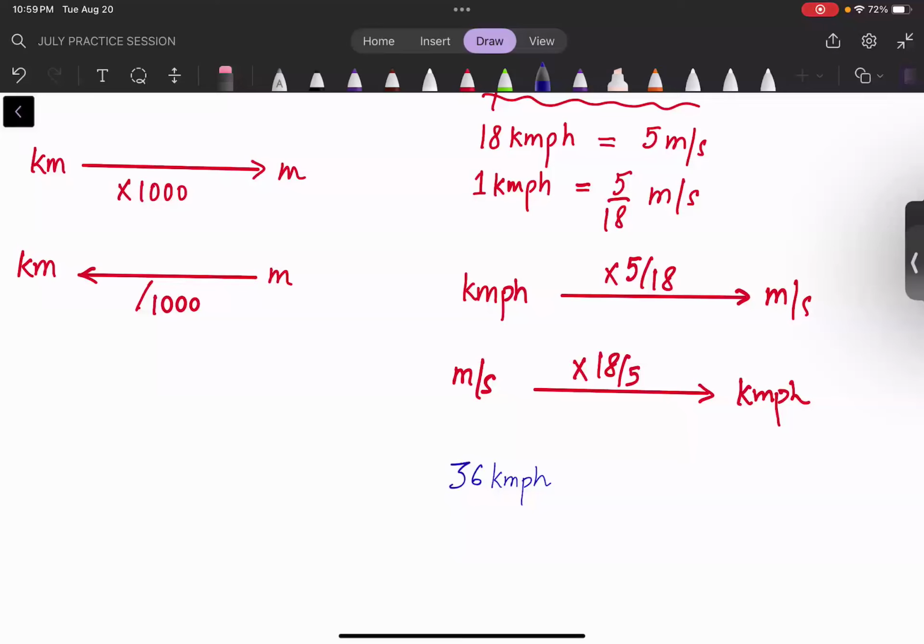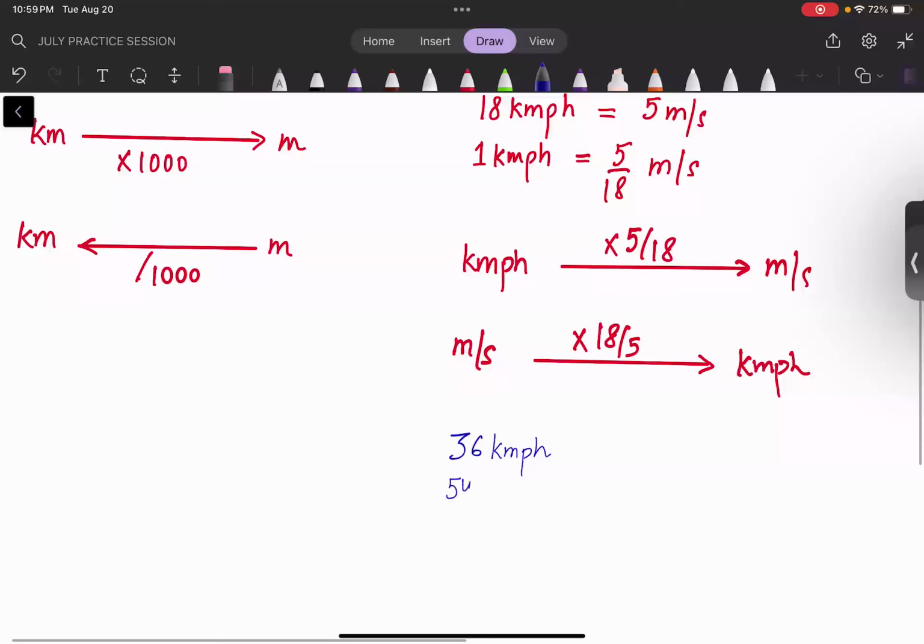In the question, you will see speeds like 18 kmph, 36 kmph, 54 kmph, 72 kmph, 90 kmph.